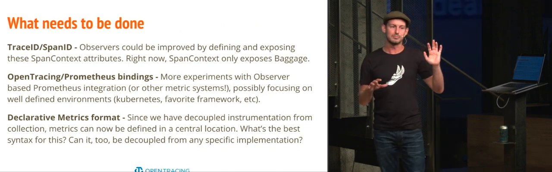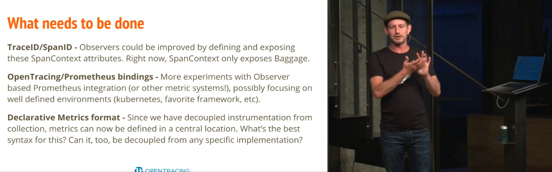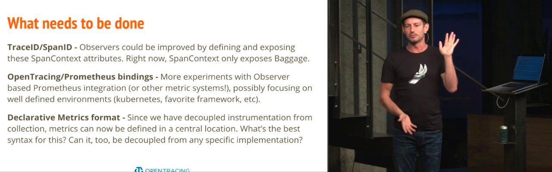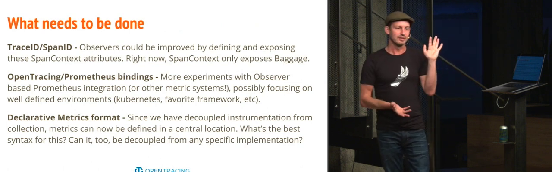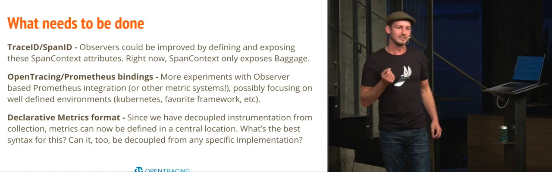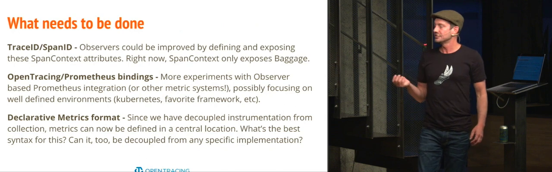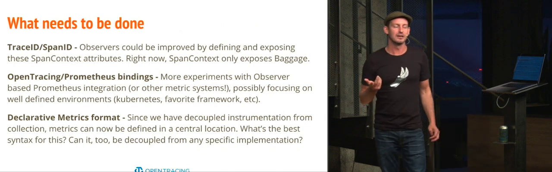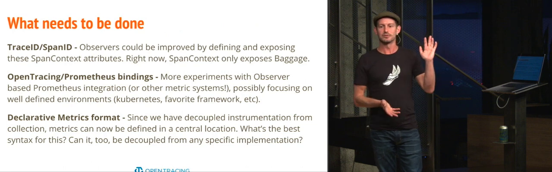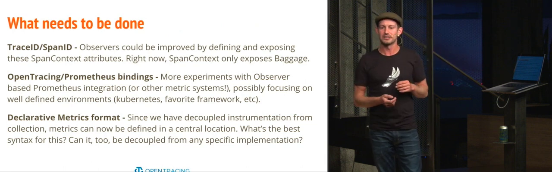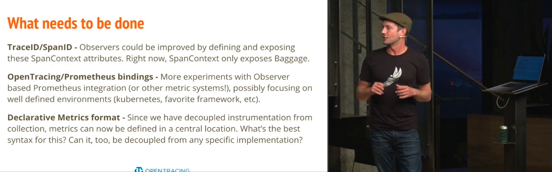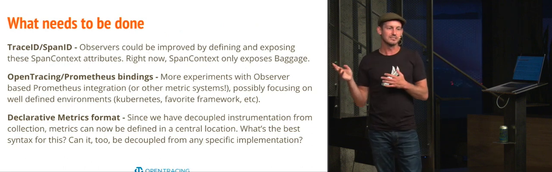Once you've split it up in that manner, you can define all those metrics in one spot. And if you're going to define them all in one spot, why not do that declaratively? I don't quite know what the best syntax for that would be, but I'm fairly certain I would prefer to have all my metrics in one spot. Anytime I want to change the metrics coming out of my system, I just add a line to a declarative file. And I could also see that becoming standardized itself.